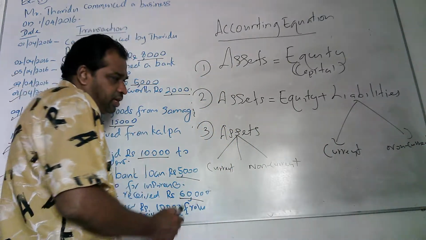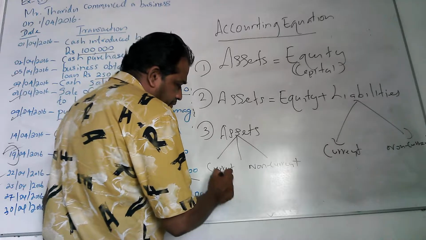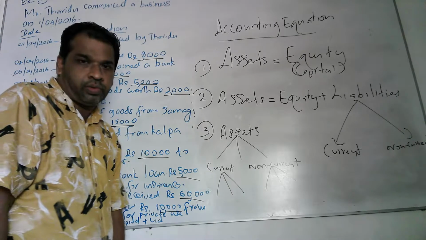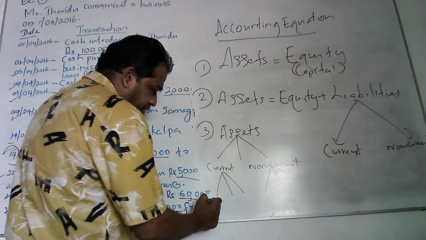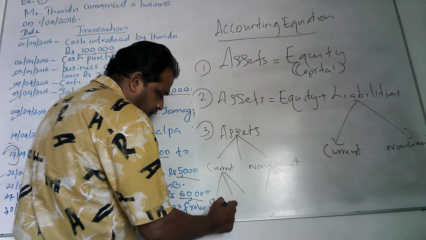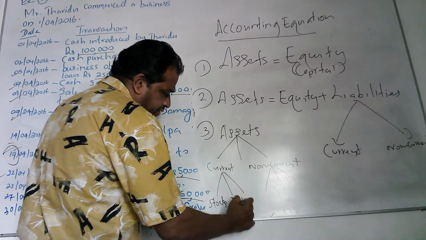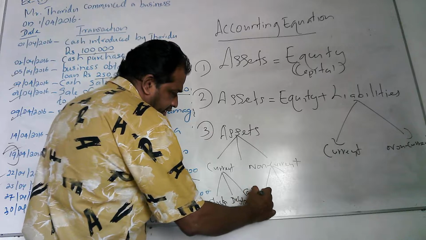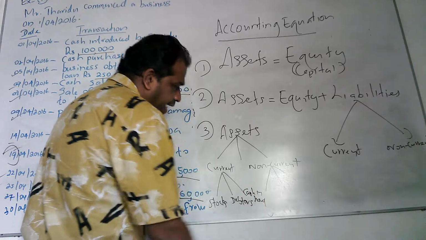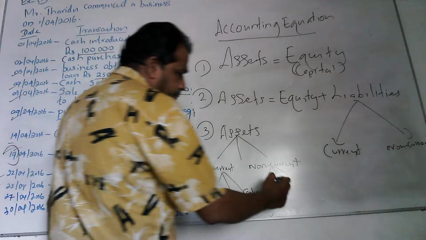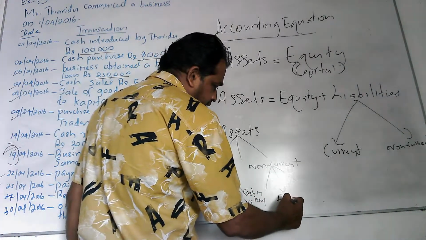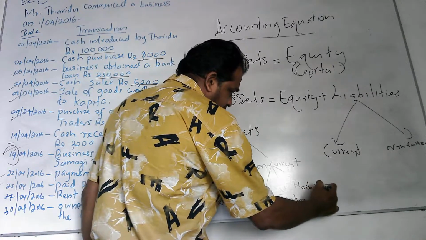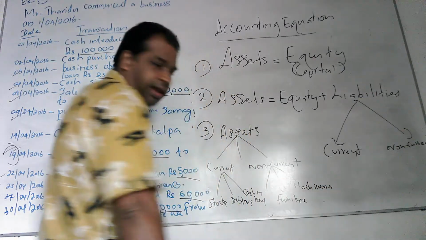Then again, the examiner will classify under current assets: stocks, debtors, some cash in hand. Non-current assets you will be given: furniture, machinery, like that.